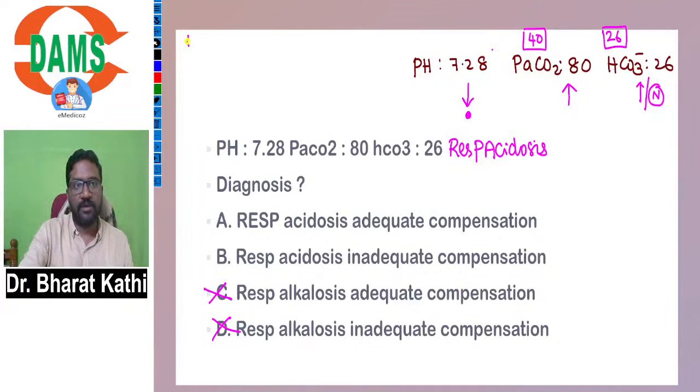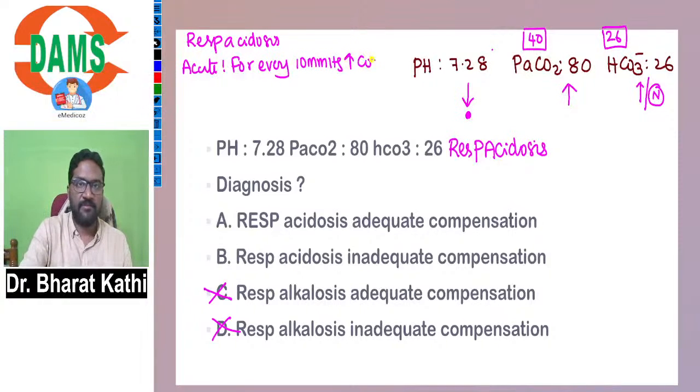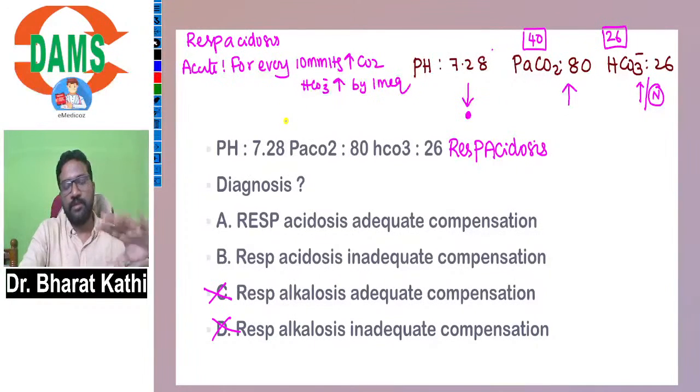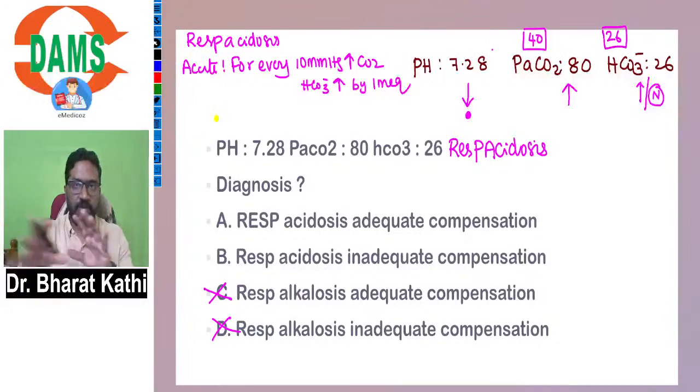We know how to calculate compensation in respiratory acidosis. If it is acute, for every 10 mm Hg increase in CO2, bicarbonate increases by 1 milliequivalent, because your body doesn't know how to fight. So the pH fall cannot be stopped properly.